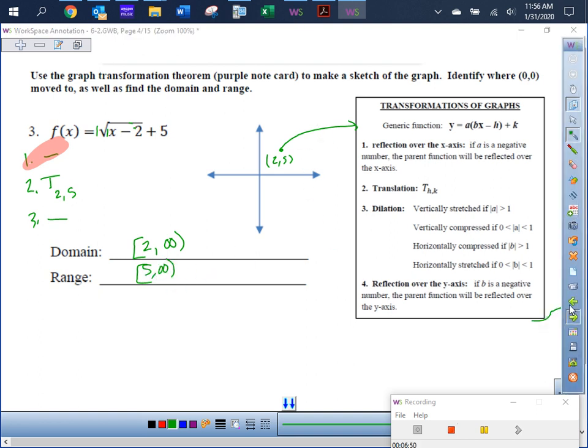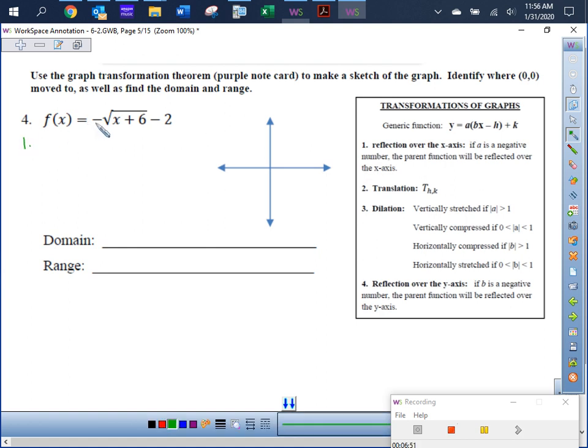So one more. Step 1, has this guy been reflected over the x-axis? You bet. So that's going to be the bottom of the T-Rex's mouth. Translated 6, -2. And dilated at all, even though it's not like 1, it's the absolute value of these guys, remember? So he's a 1, he's a 1, it doesn't happen.